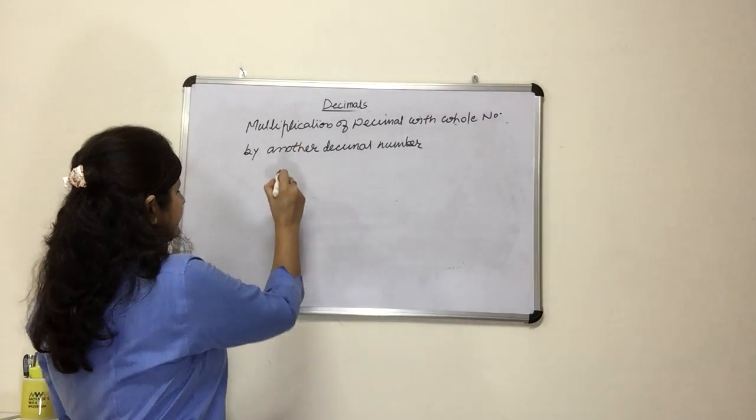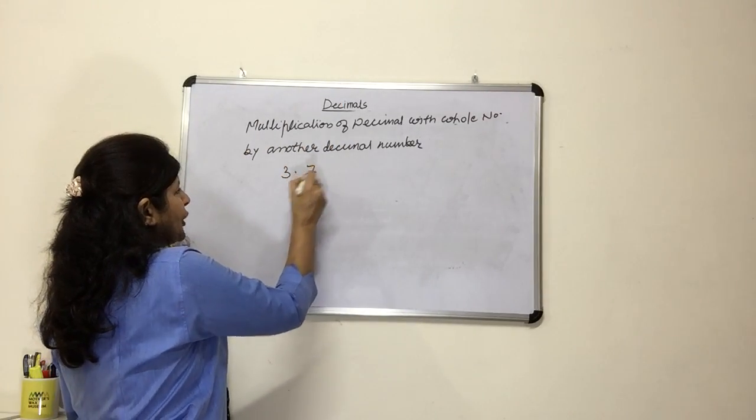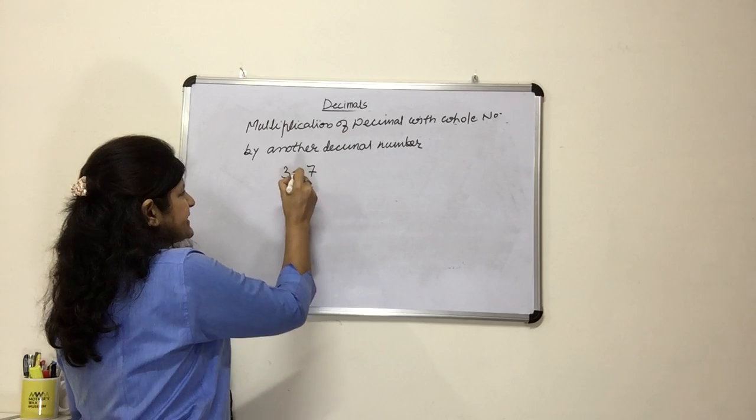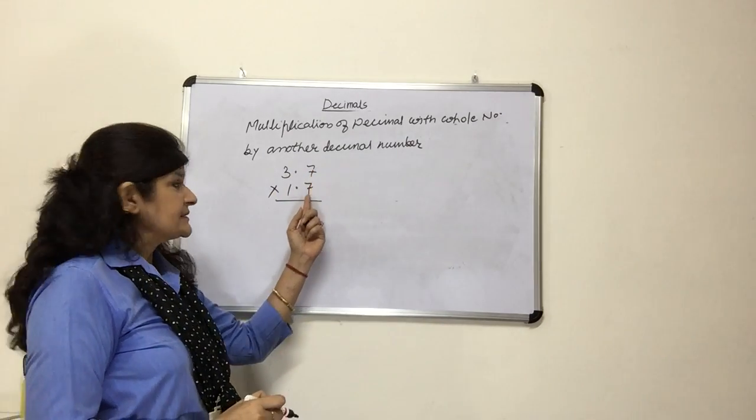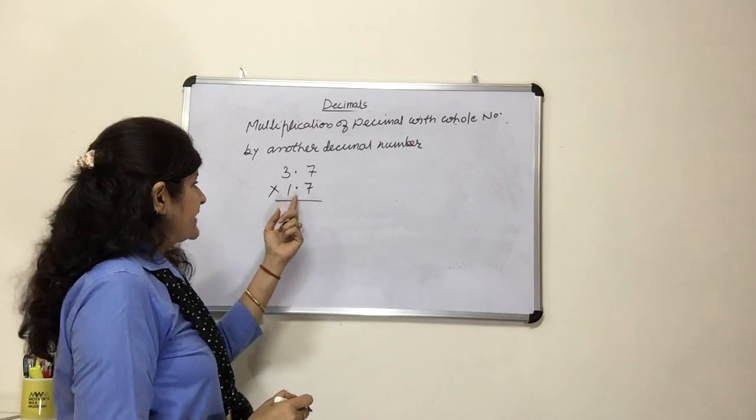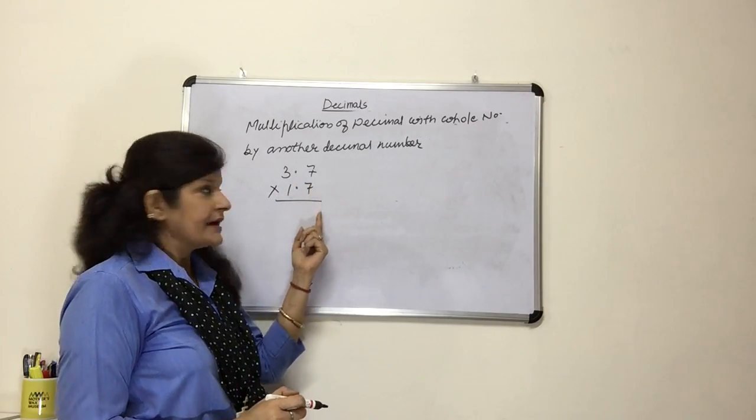Suppose 3.7 multiplied by 1.7. This is a decimal number and this is again a decimal number. So here we are multiplying a decimal number with a decimal number.